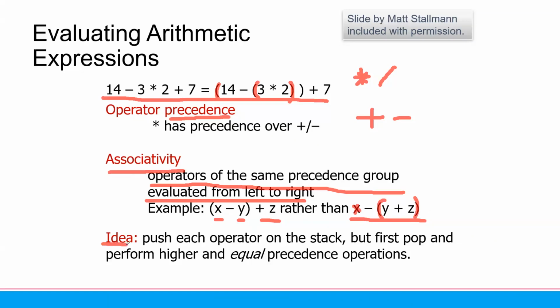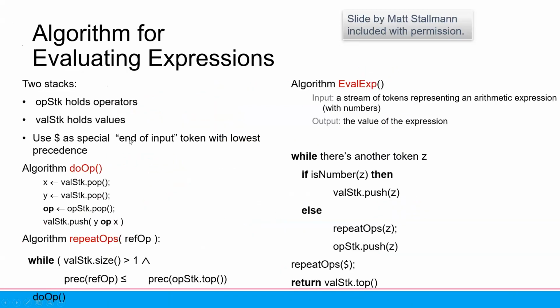So the idea is we want to push each operator on the stack, but first pop and perform higher and equal precedence operations. Okay, let's see what it means. In this implementation, we include additional functions.